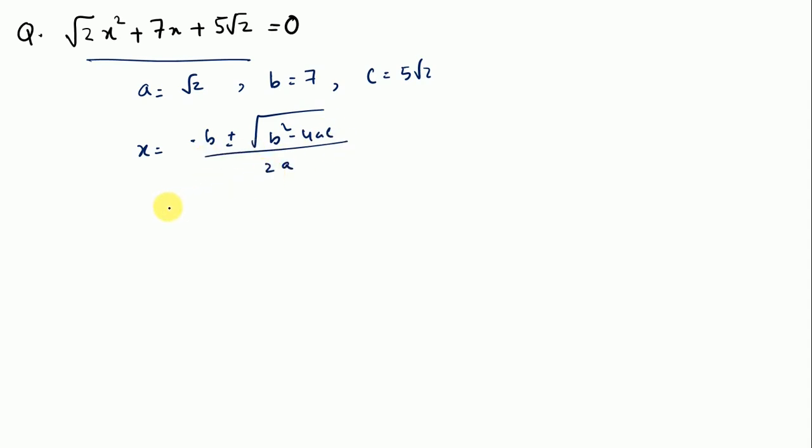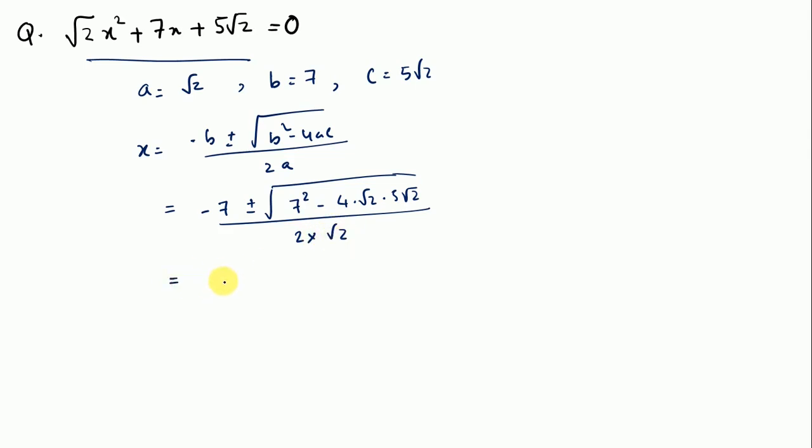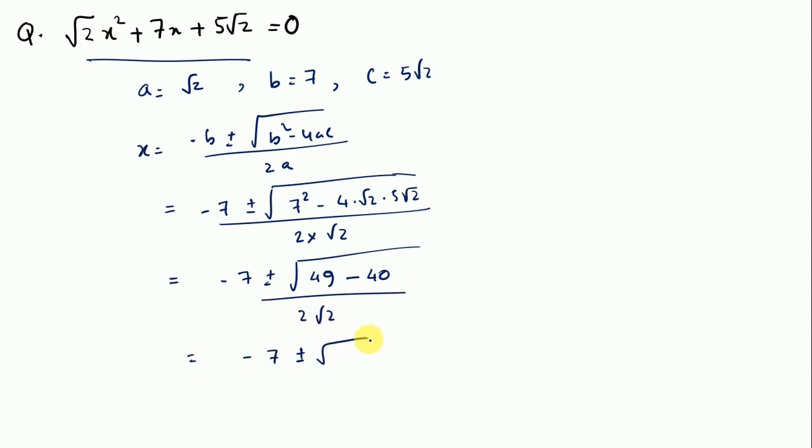So this is minus 7 plus minus root over 7 square minus 4 into root 2 into 5 root 2, by 2 into root 2. So this becomes minus 7 plus minus root over 49 minus 40 by 2 root 2. This becomes minus 7 plus minus root under 9 by 2 root 2.